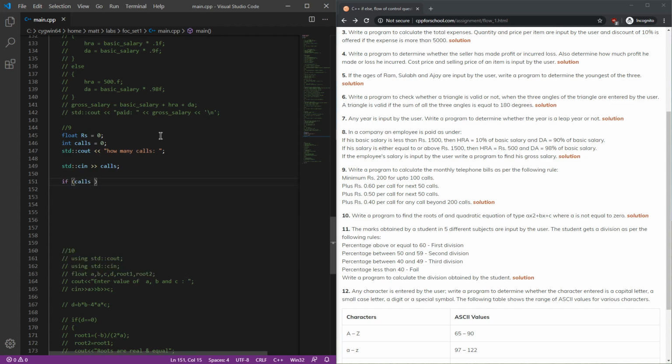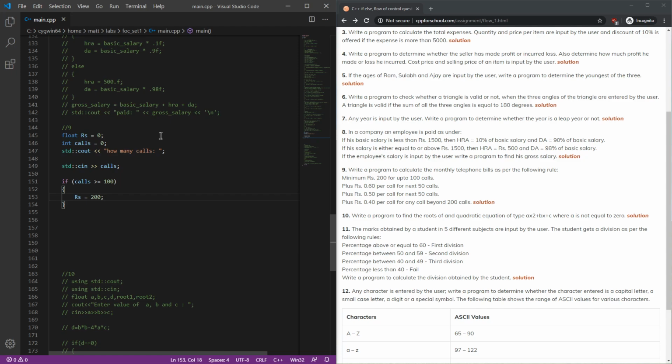If calls is greater than or equal to 100, Rs equals 200? That's how they have it in their solution. But I'm really having such a hard time understanding the concept of what the heck they mean by Rs.